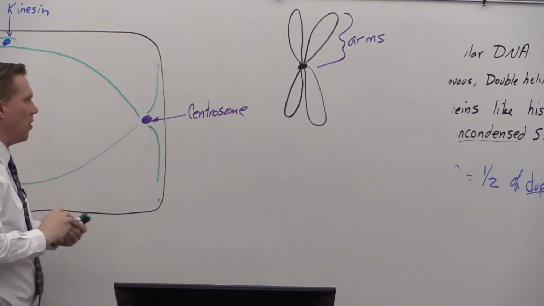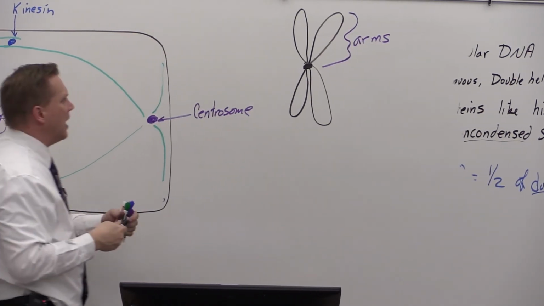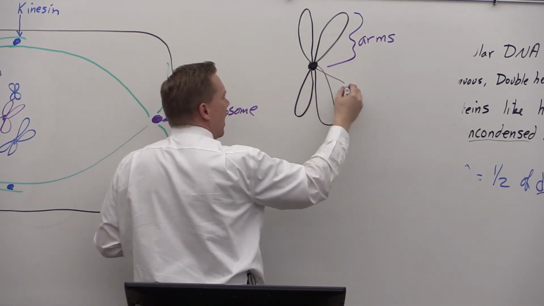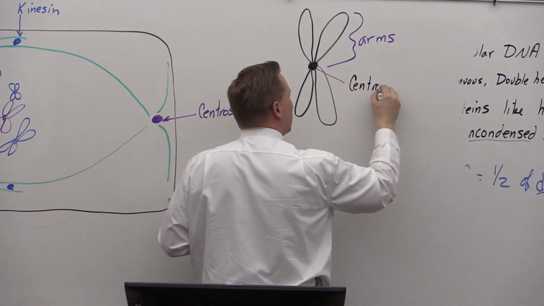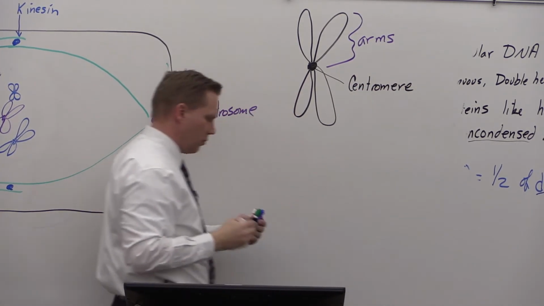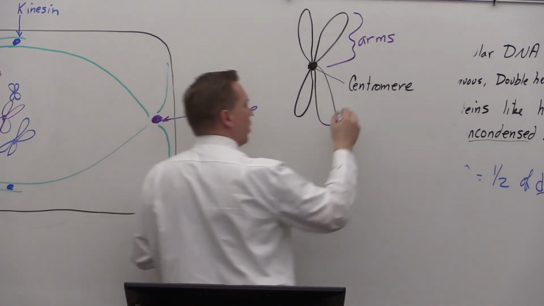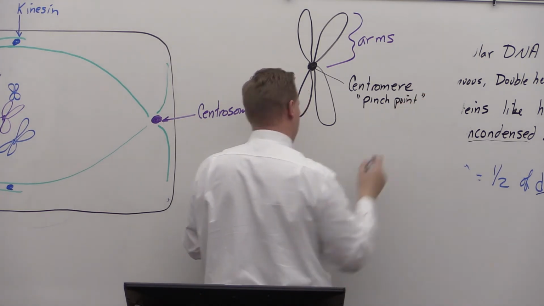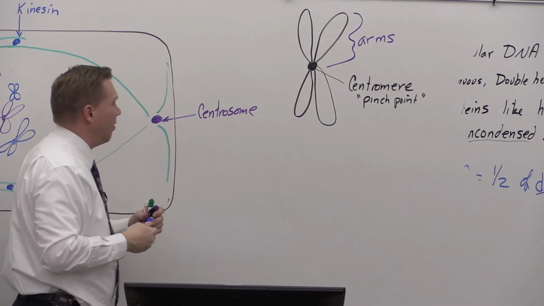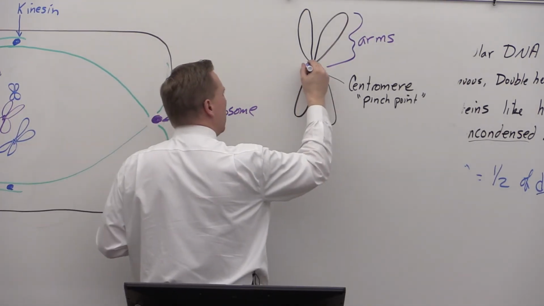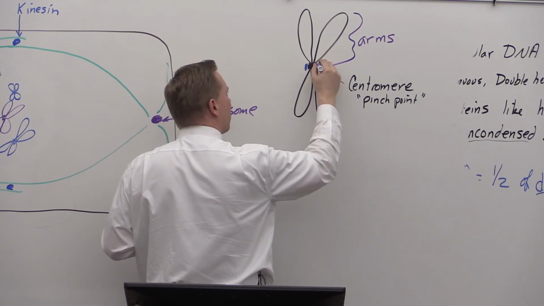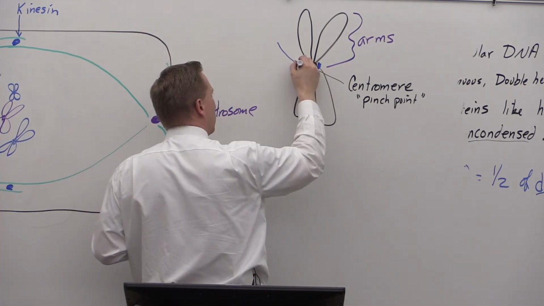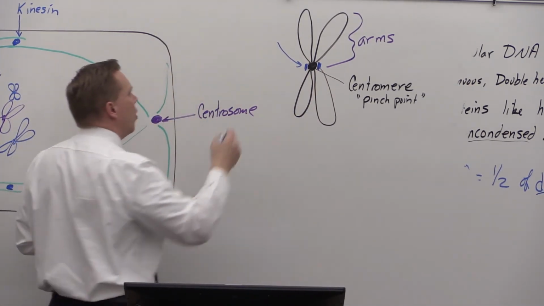All the arms of the chromosome are connected at this pinch point in the middle, and that is called a centromere. And at the centromere, on either side, 180 degrees from each other, you have two of this special collection of proteins that is known as the kinetochore.